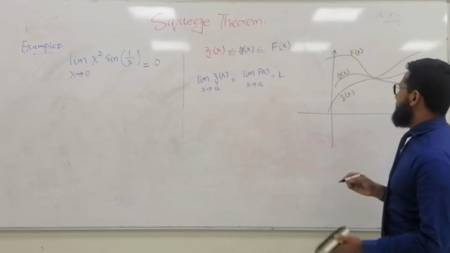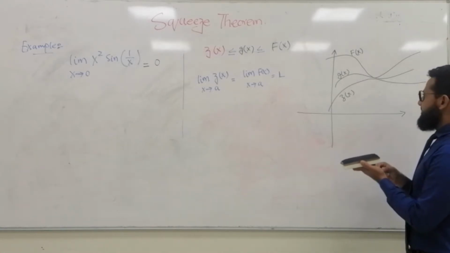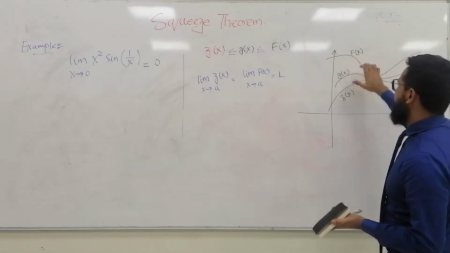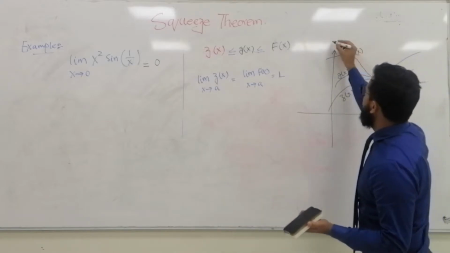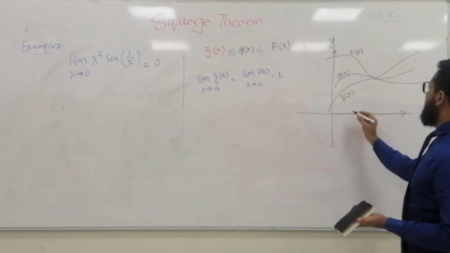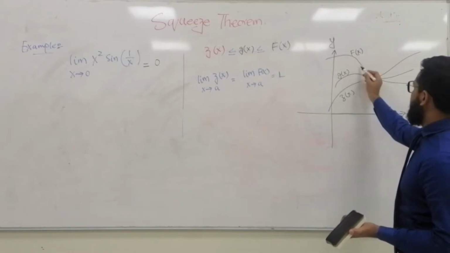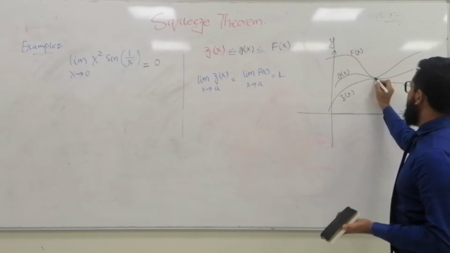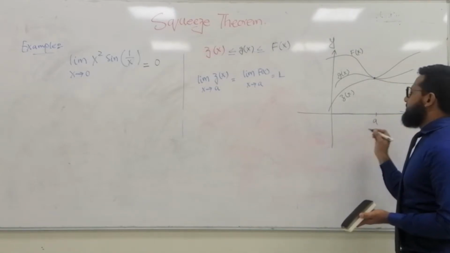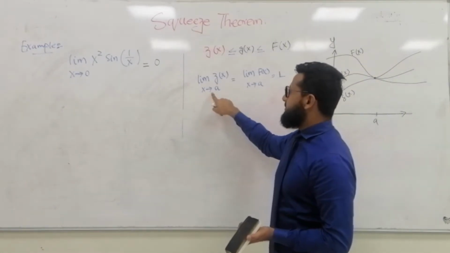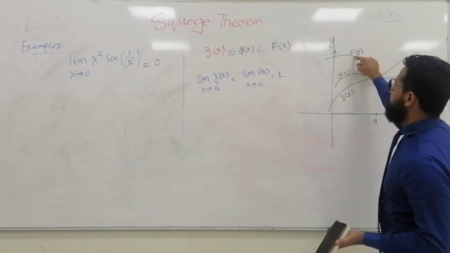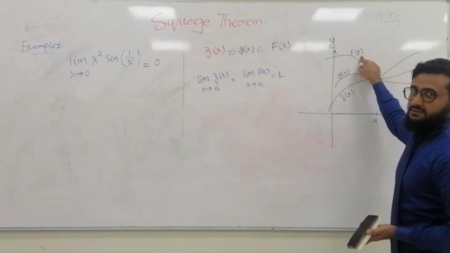Okay. So now imagine z of x and f of x, their y values are the same at some point, right? Let's say I can just name it where they are together. They're almost the same when we reach this point, right? So let's say a. When x approaches a, the limit of z of x is equal to the limit of f of x, okay?